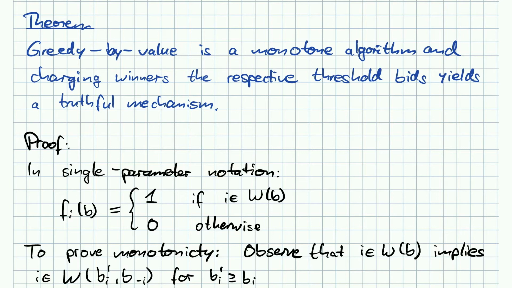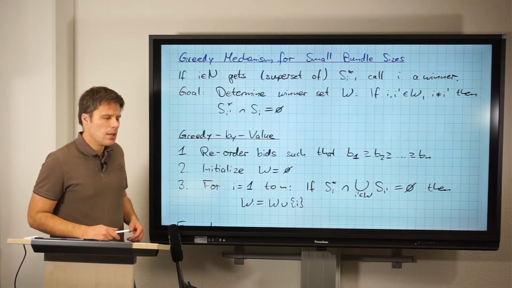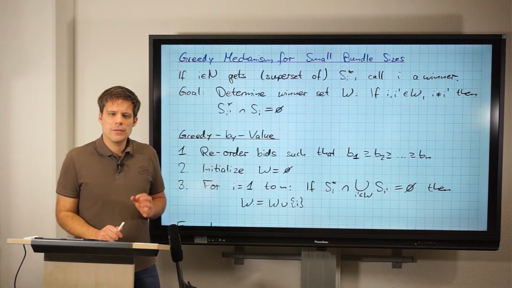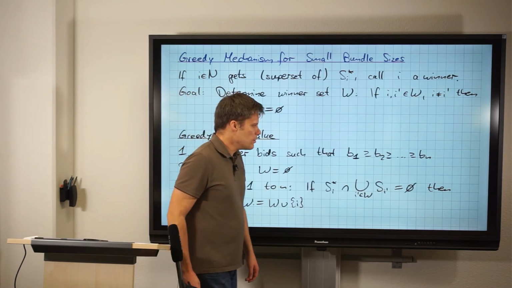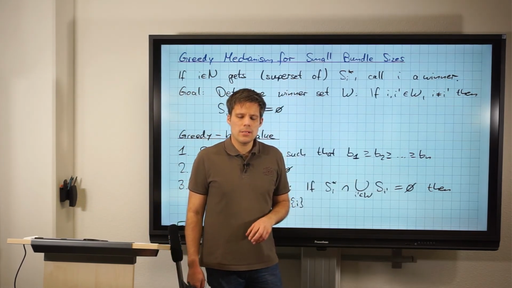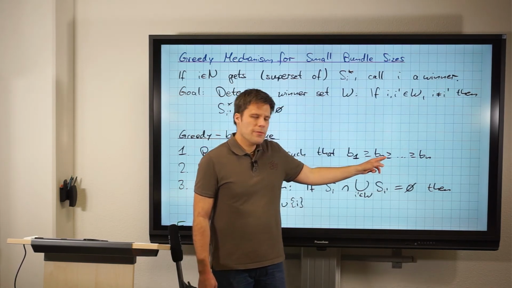How so? Well, to see this, we'll have to go back to our algorithm and see what would now change if you increased your bid. Suppose you are somewhere here and now you increase your bid. What will happen? You will move further to the front.